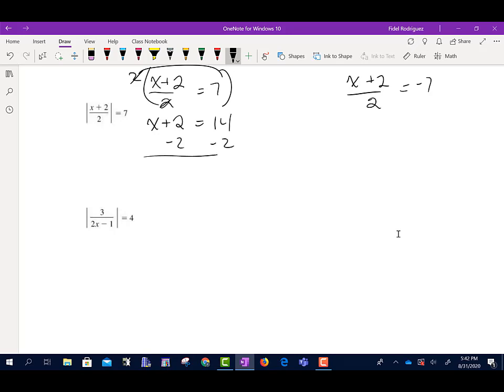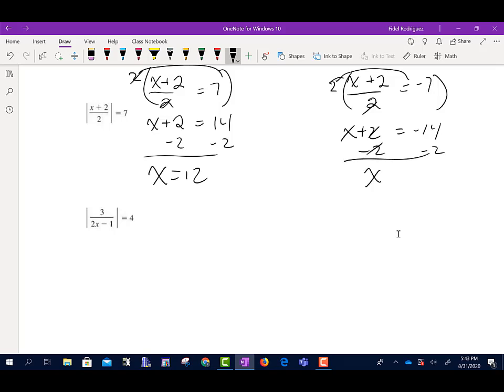So -2 and -2, x equals 12. Let's multiply this guy again by 2. That 2 will cancel out, so that gives me x plus 2 equals 2 times -7, which is -14. -2 and -2, and I get a -16. Okay.